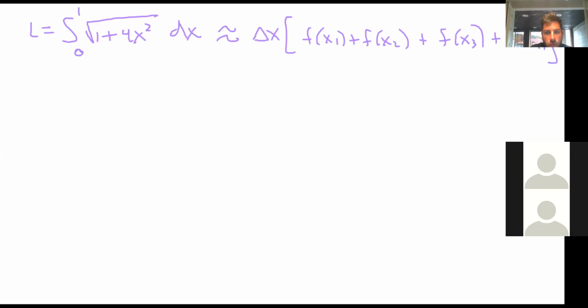So let me remind you what everything is here. Our function that we're interested in, f of x, is this. Delta x is just going to be 1/4, because 1 minus 0 over 4 is 1/4.